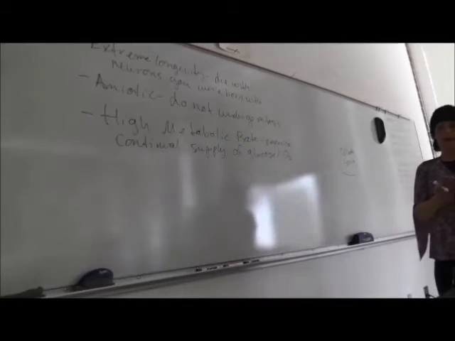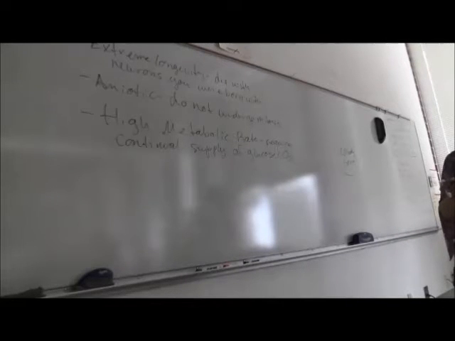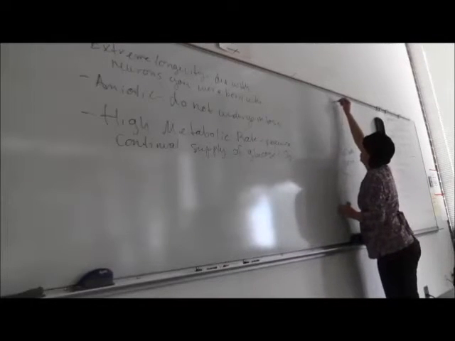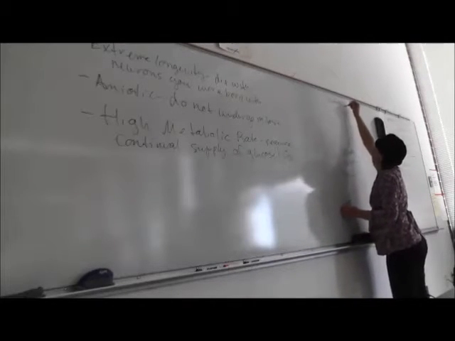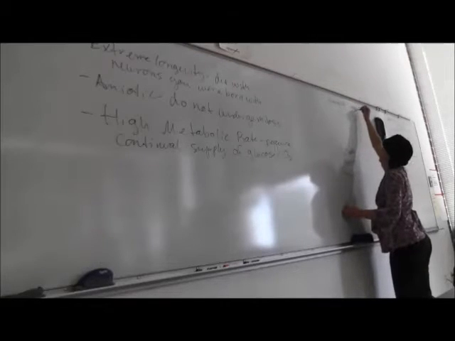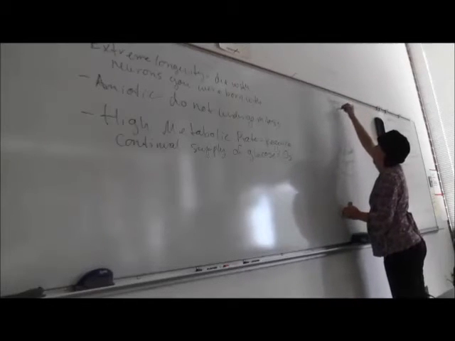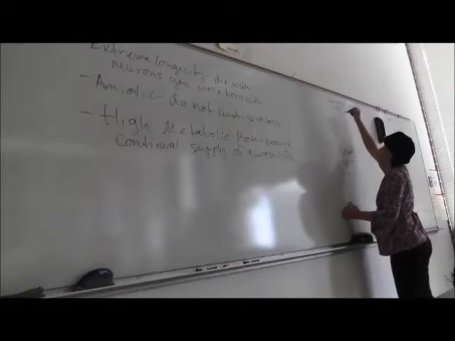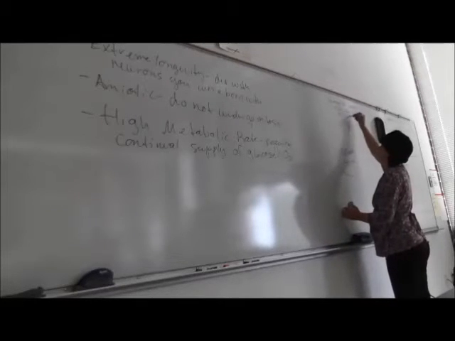In the central nervous system, where we have groups of cell bodies gathered together, we call them nuclei. So we'll say groups of somas, I'm just going to write somas because it's quicker, in the central nervous system are called nuclei, and in the peripheral nervous system are called ganglia.